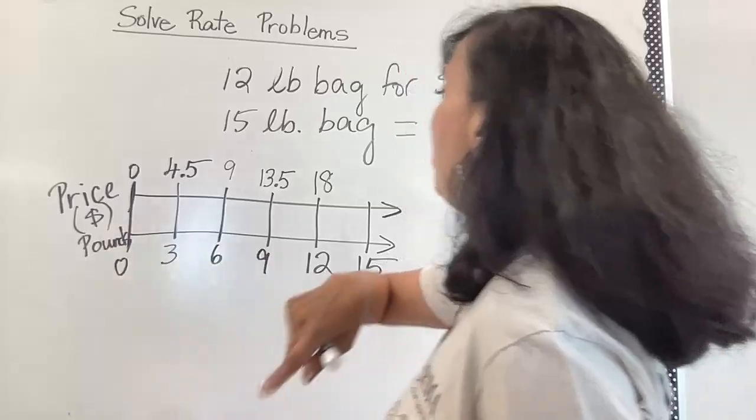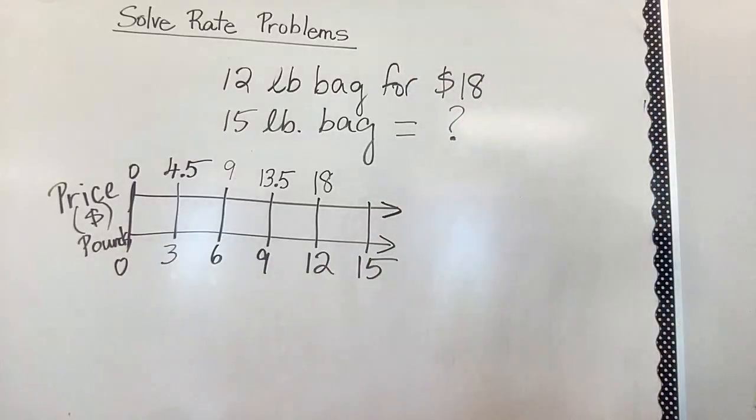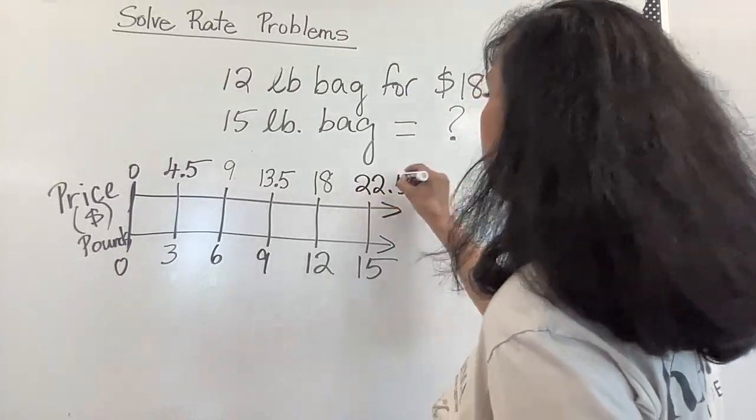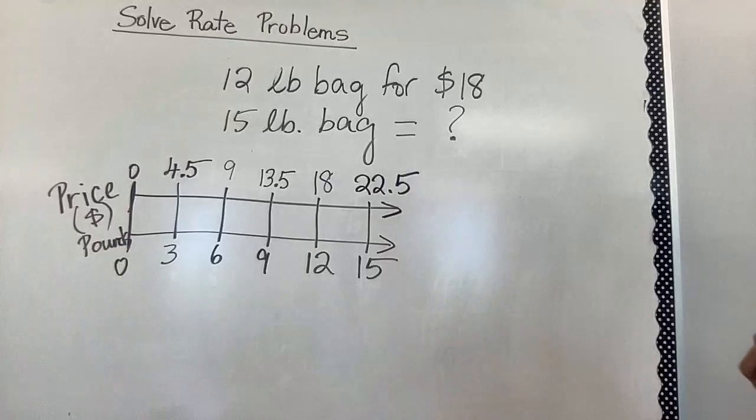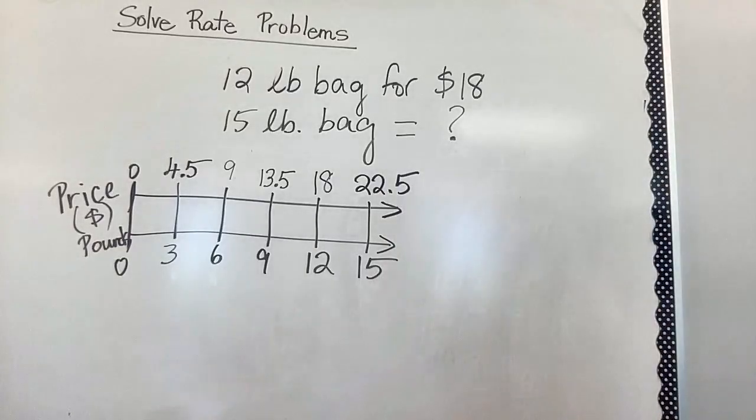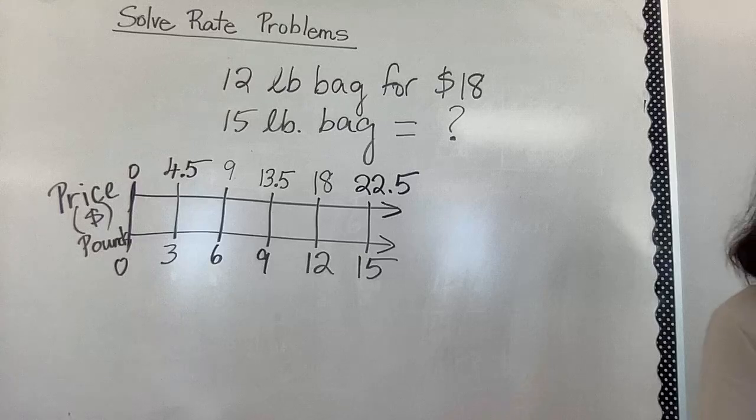So 4.5 times 5 is going to give me 22 and 5/10. Or since we're talking about price, it'll be $22.50. At this rate, the price of a 15-pound bag of apples is $22.50.